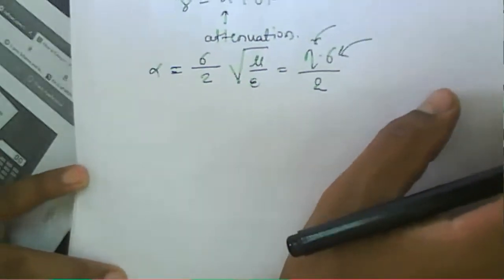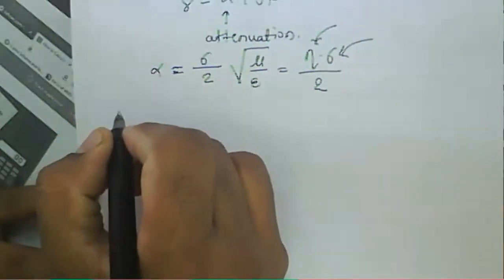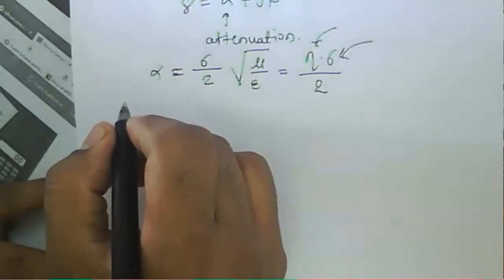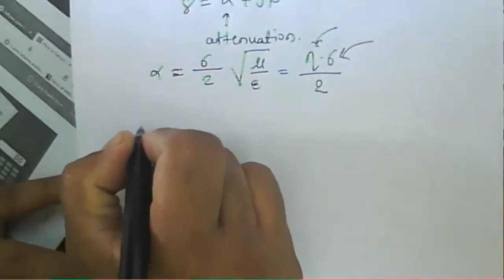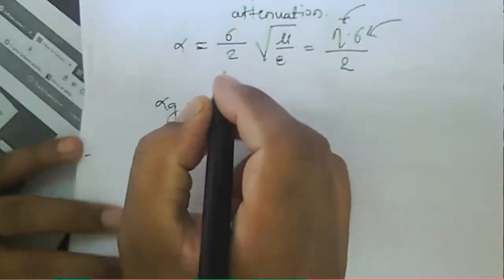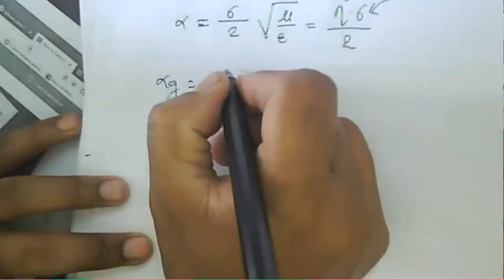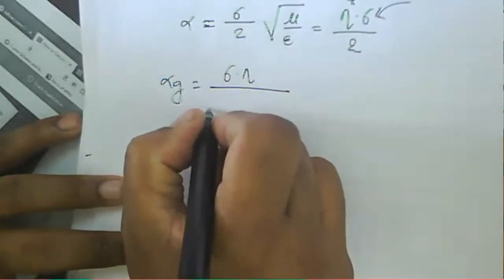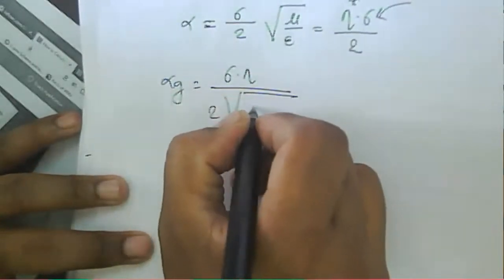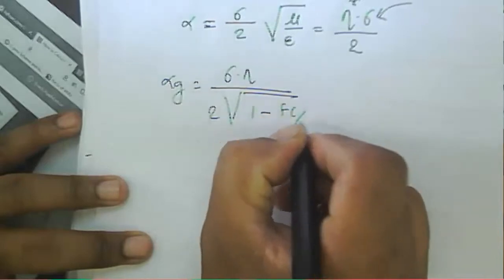But in the case of TE and TM modes, the attenuation depends on the cutoff frequency of the guide. So the attenuation constant inside a guide is sigma eta divided by twice under root of 1 minus fc by f.